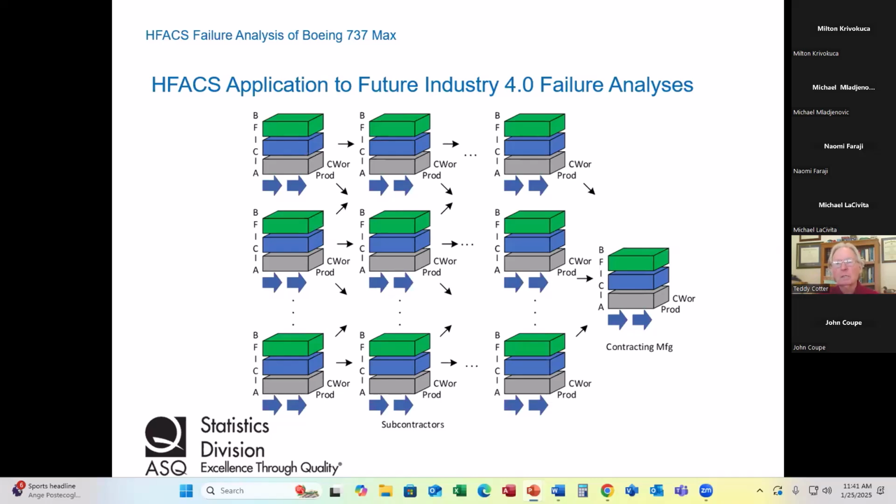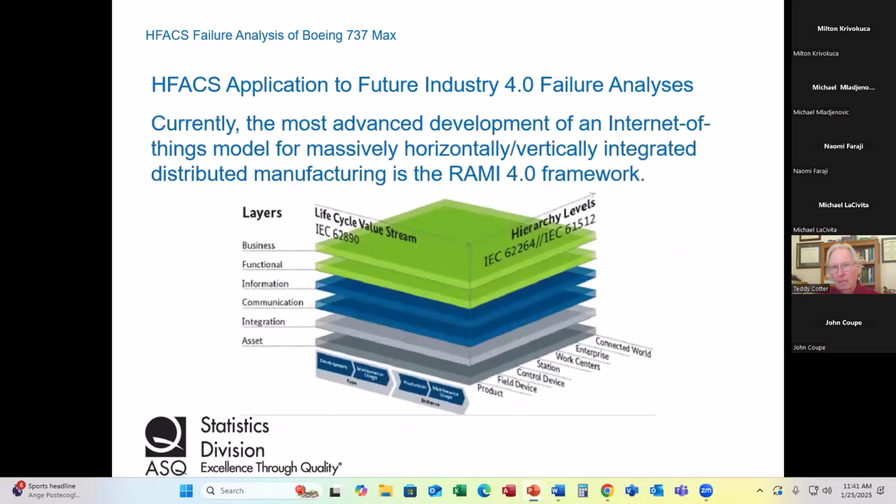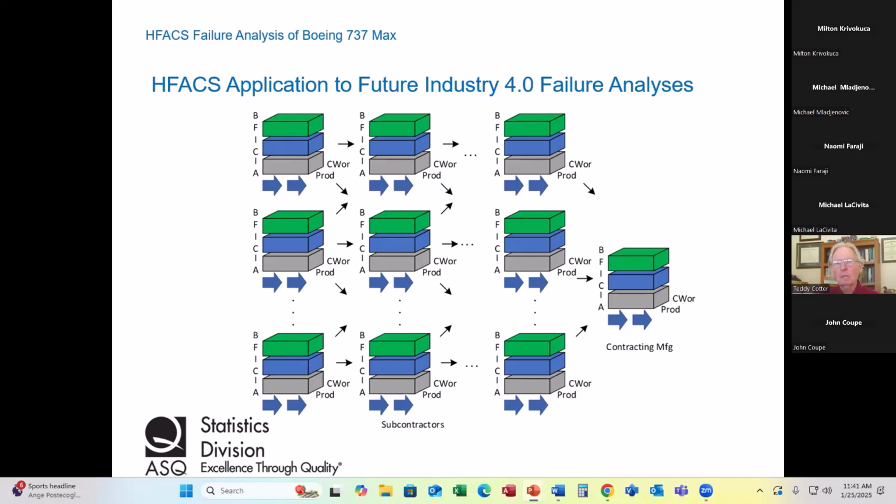Also, notice that I have copied the RAMI 4.0 model, because the RAMI 4.0 model will have to be integrated or implemented within each organization and between organizations. As Milt pointed out earlier, this is not going to be uniform.